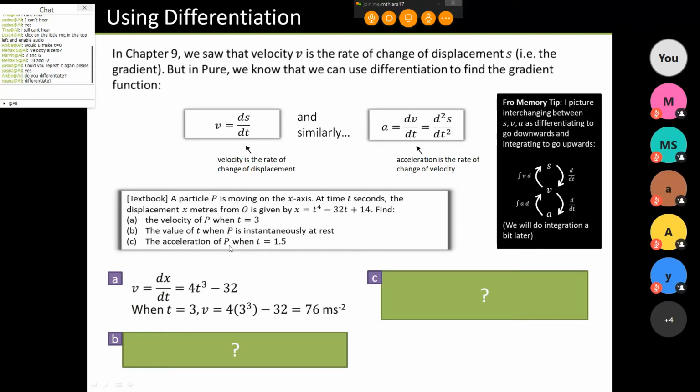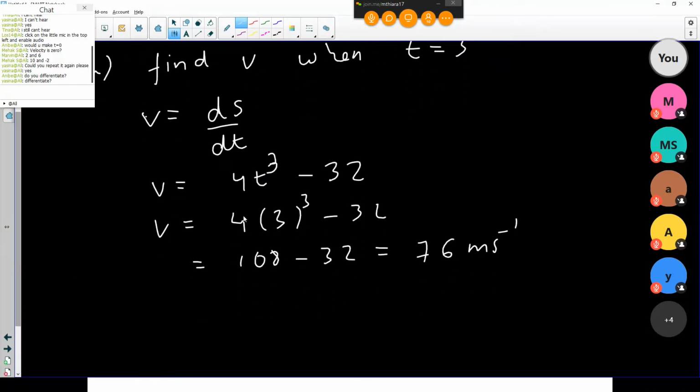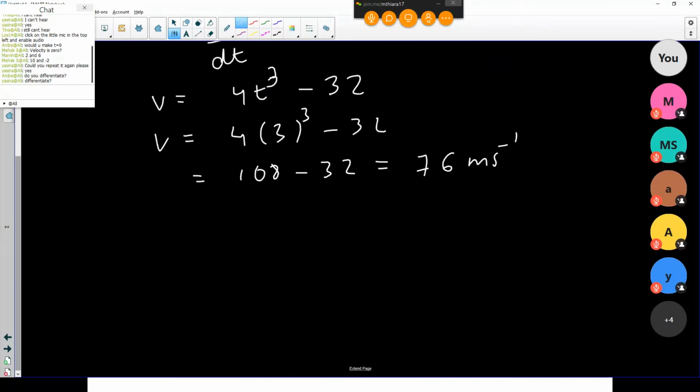Now, it's saying for part B, the value of t when p is instantaneously at rest. Now again, we need to put it in the context of this question. When p is instantaneously at rest, v must be equal to 0.